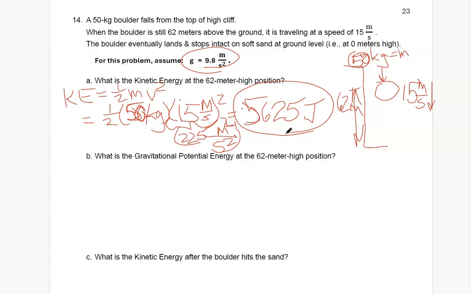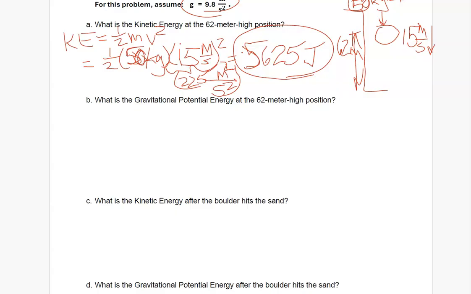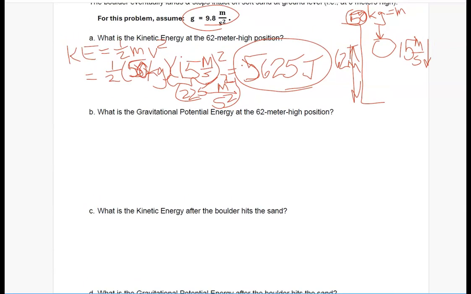Okay, let's look at the next problem. What is the gravitational potential energy at that same position? Well, gravitational potential energy also has a simple formula for its calculation. It's gravitational potential energy equals mass times g, which we know is the weight, times the height.